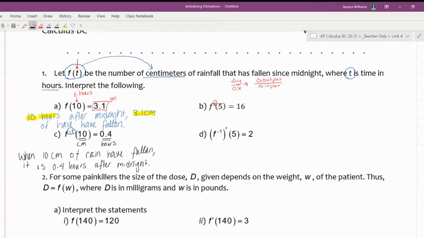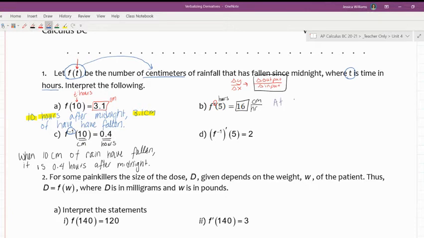All right, so this 5 is still being measured in hours. That's not where the rate comes in. This 16 is now a rate because that's your derivative equals 16. So your rate is 16. The 16 is going to be measured in these units. So it's going to be measured in, my output unit was centimeters, my input unit was hours. So if I write a sentence, I'm going to talk about input and then output.